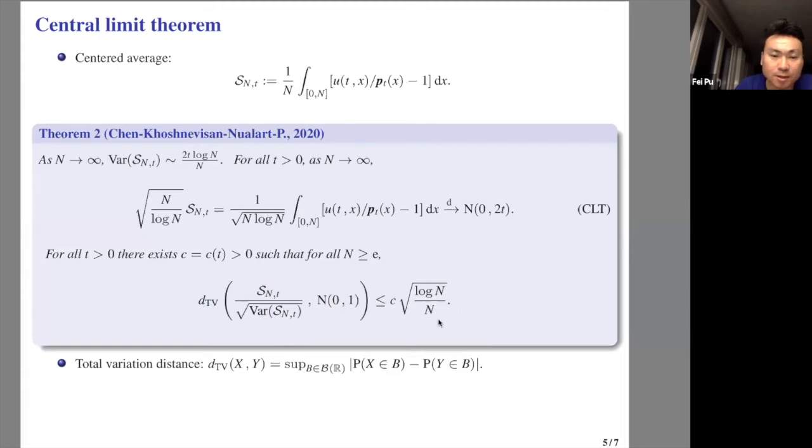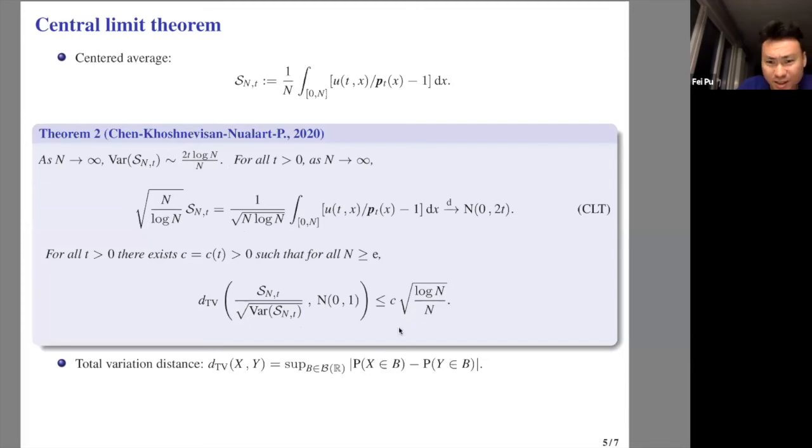First of all, we know that convergence in total variation distance implies convergence in distribution. Therefore, this inequality implies this CLT. This is because we know the behavior of the variance of S_{n,t}, which behaves like 2t times log n over n.